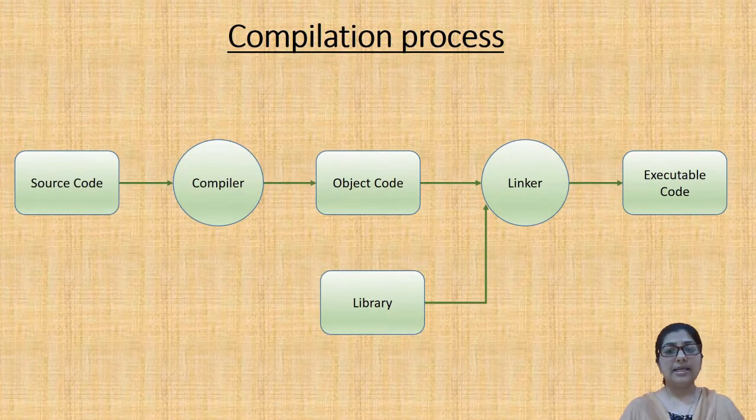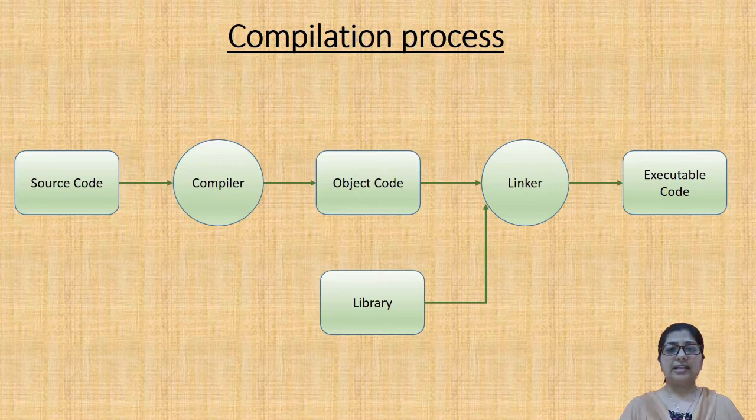Here, compilation process of the same program is available. First of all, we have created source code, that is .cpp file. That cpp file or source code passes to the compiler. Compiler will generate object code which is known as .obj file.